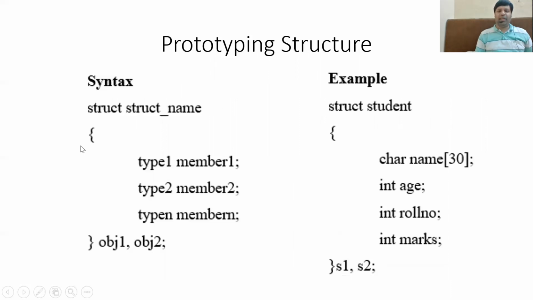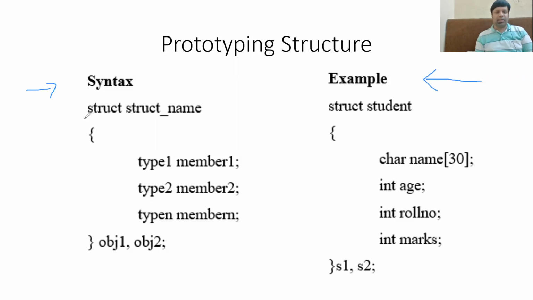How do we declare or prototype a structure? Because it is a user-defined data type, that means it is the responsibility of the programmer to create it. What is the syntax? The syntax to create or prototype a structure has been given on the left-hand side, whereas an example to create a student structure has been given on the right-hand side.